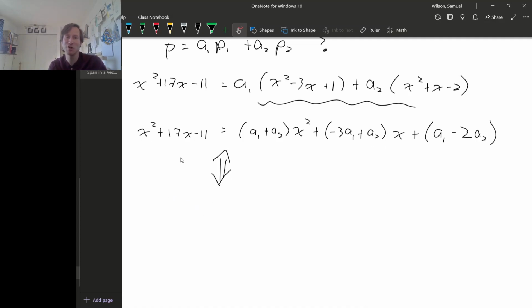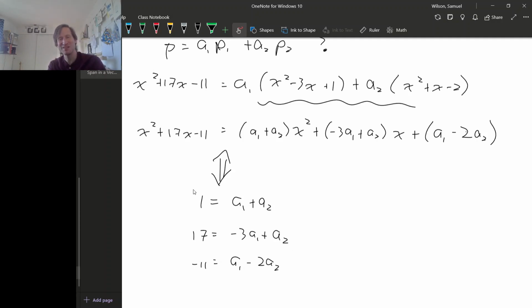So the x squared coefficient on the left is 1, and on the right, it's A1 plus A2. On the left, the x coefficient is 17, and on the right, it's minus 3A1 plus A2. And then on the left, the constant coefficient is minus 11, and on the right, it's A1 minus 2A2.